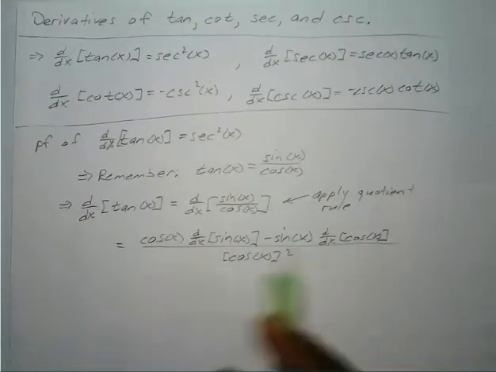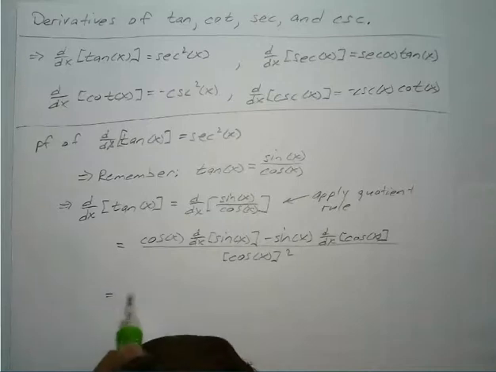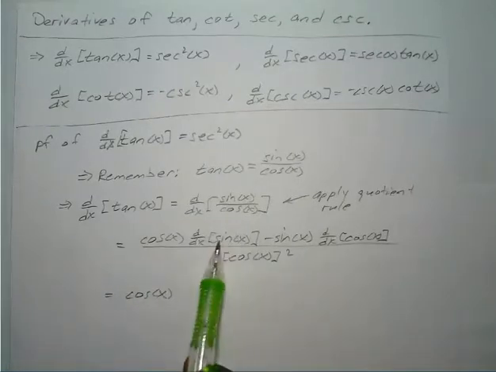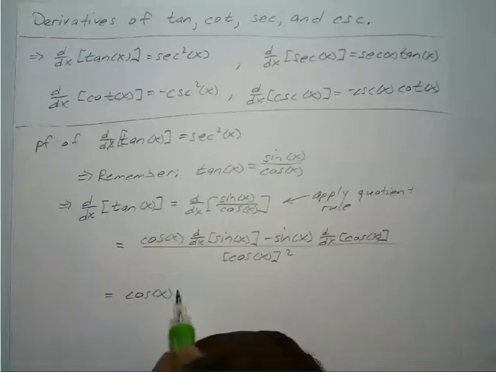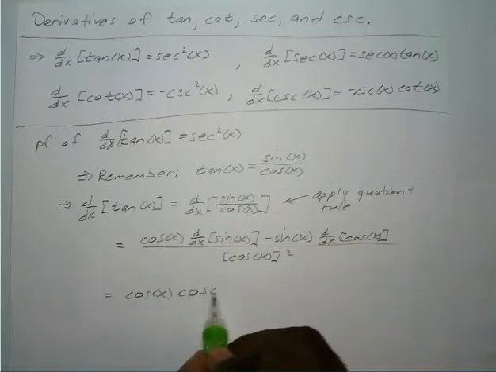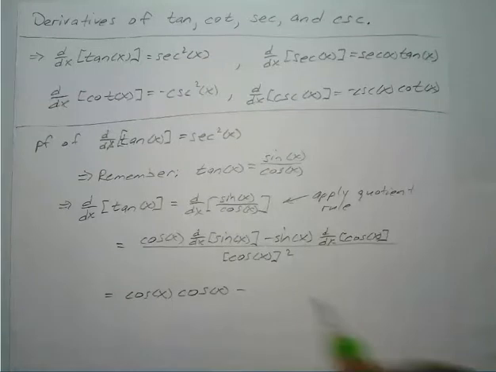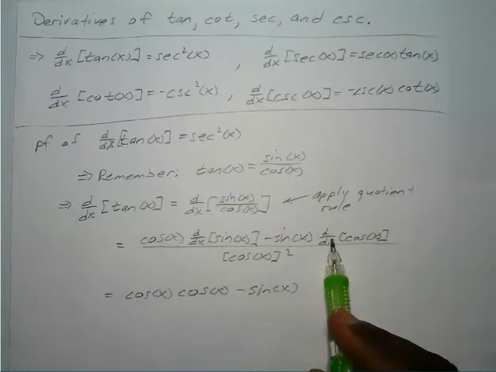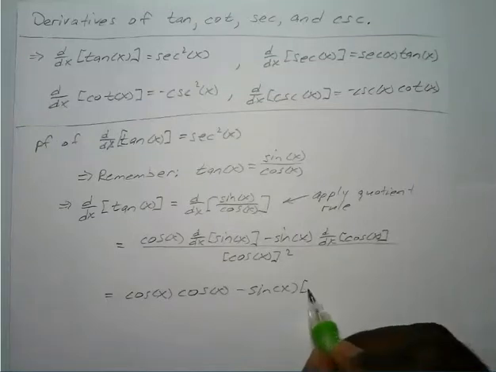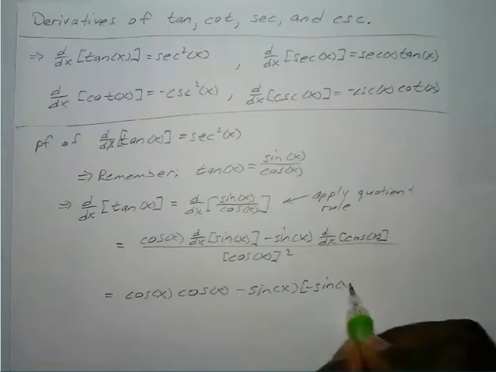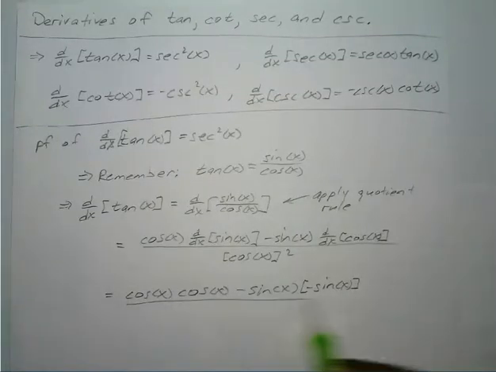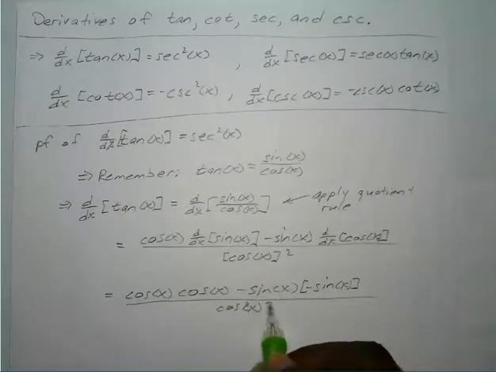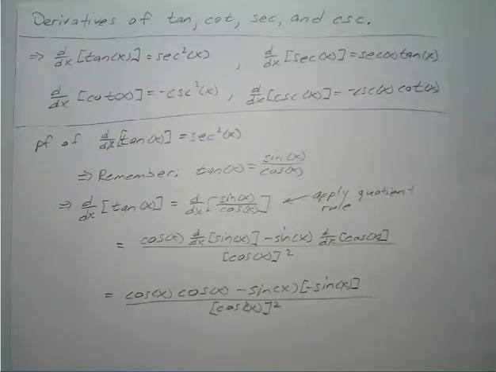Alright, so we go ahead and simplify each of those terms. So you have cosine of x, and the derivative of sine is cosine, so that's times cosine of x, minus sine of x, times the derivative of cosine, which is negative sine, all over cosine of x squared.